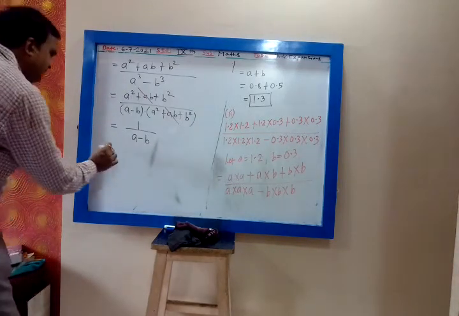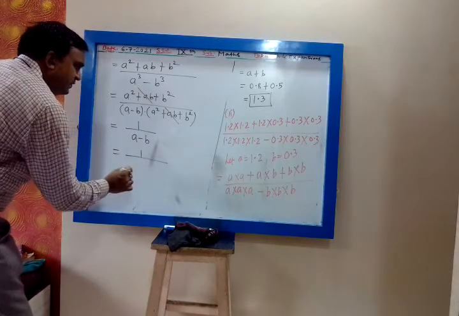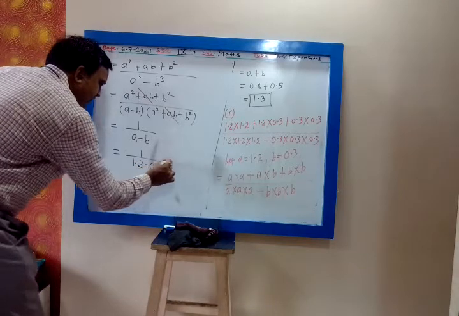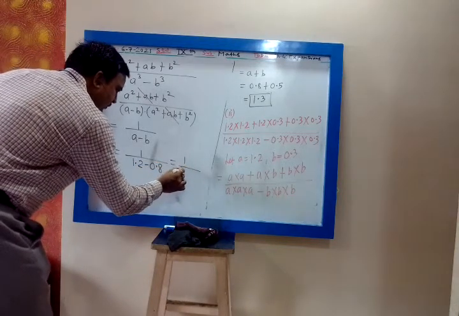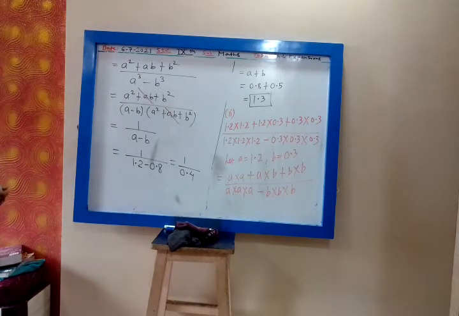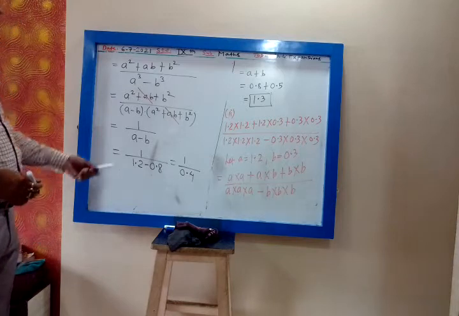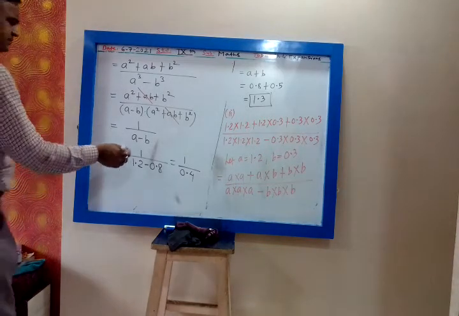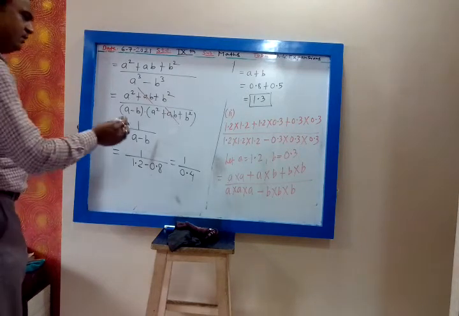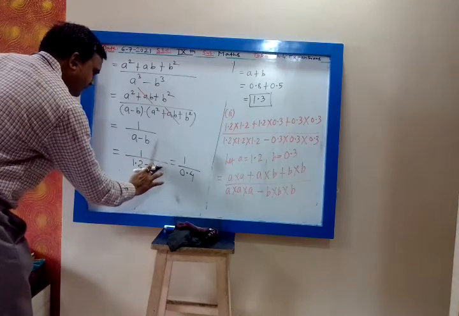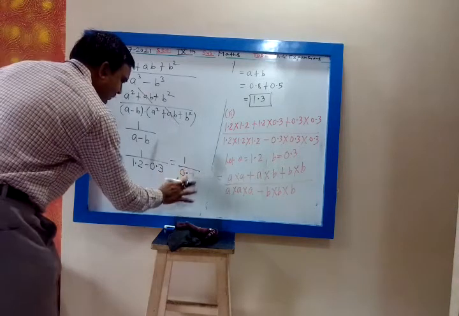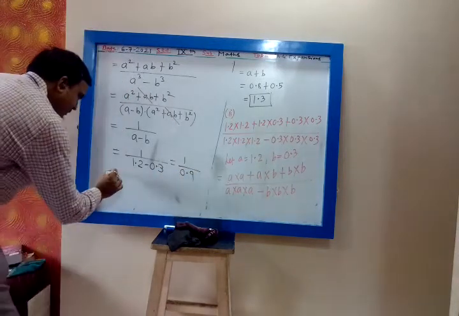Now substitute the values of A and B. So that is 1 upon A, which is 1.2, minus 0.3. So that is 1 upon 0.9, yes. 1 upon 0.9 you can write as 10 upon 9.